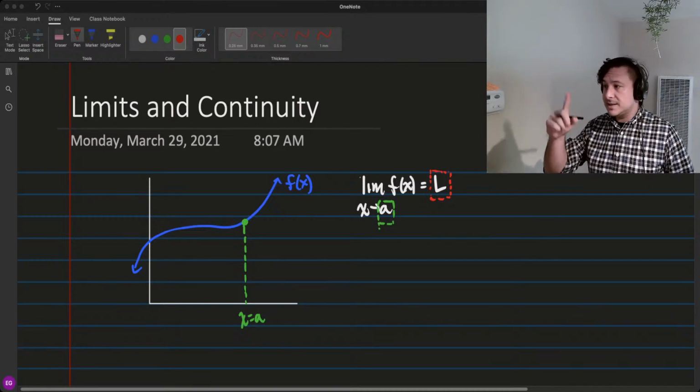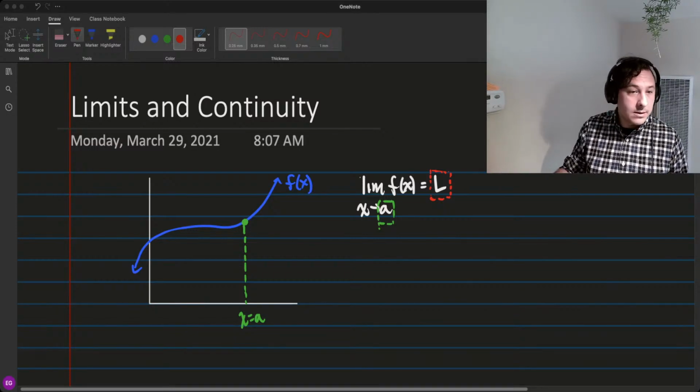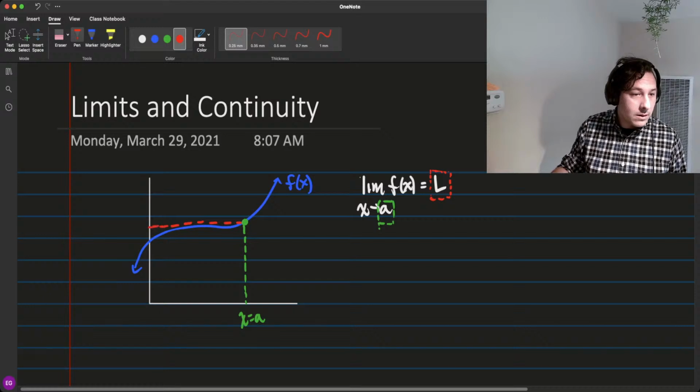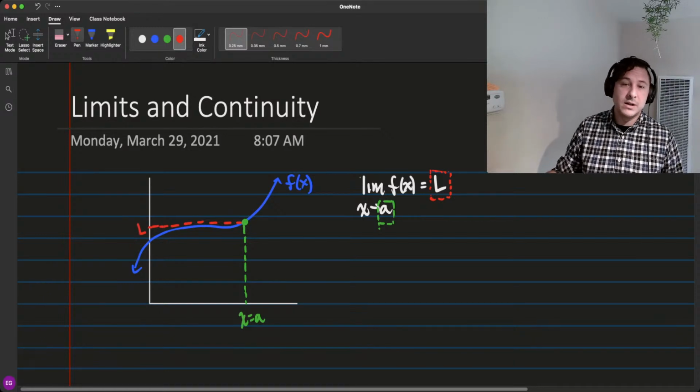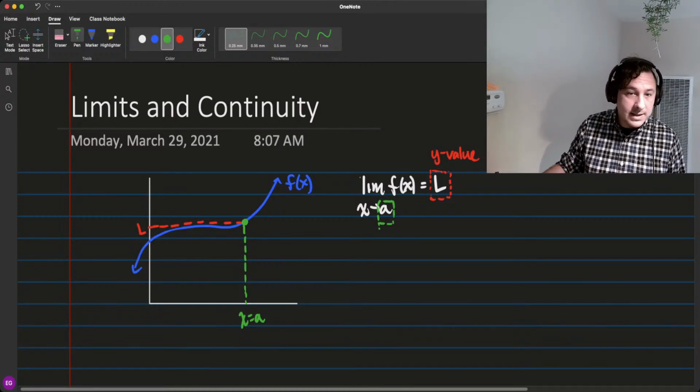Yes, so a is an x value, L is a y value. Together they form a point in the xy plane. So let's put that over here. Okay, so there's L. Very good. So L is a y value. A is an x value.